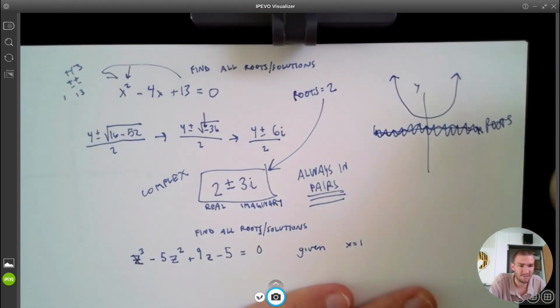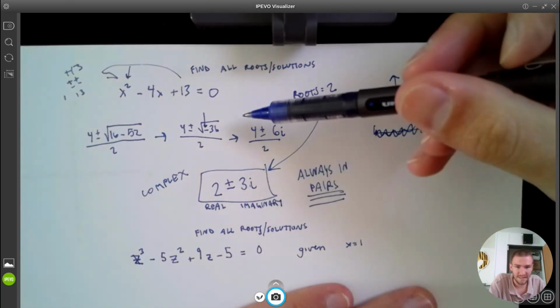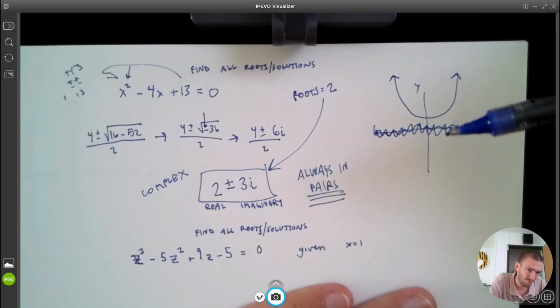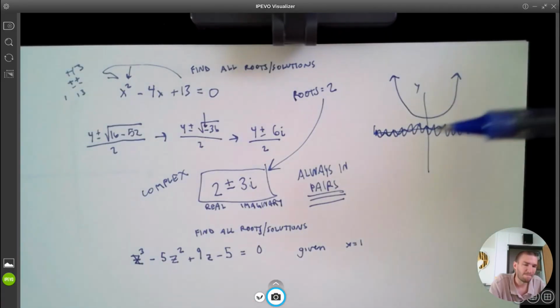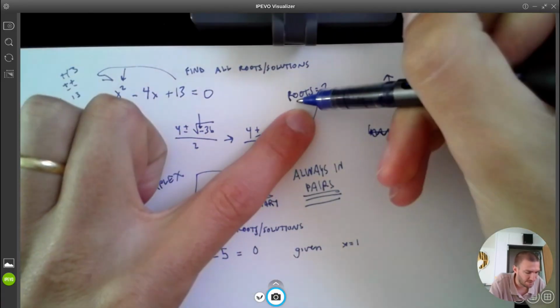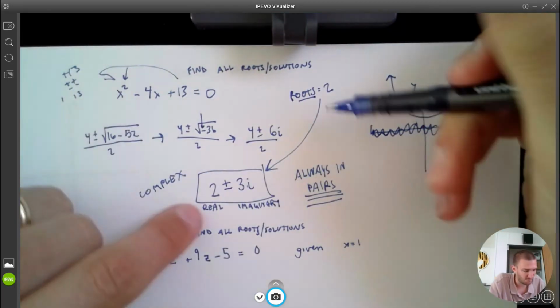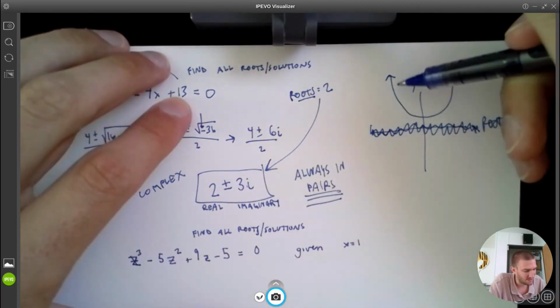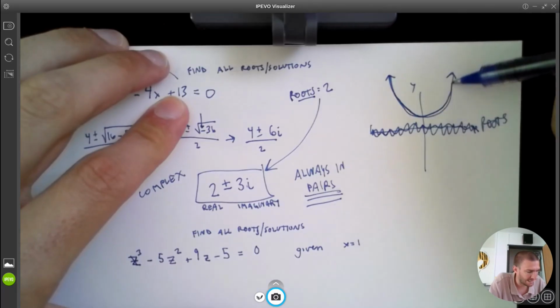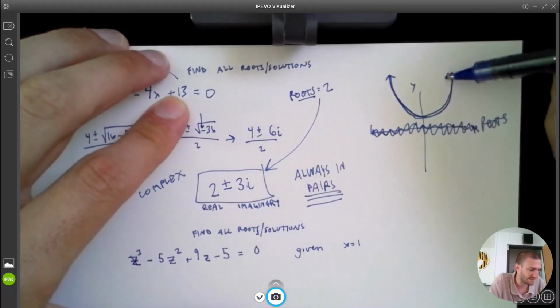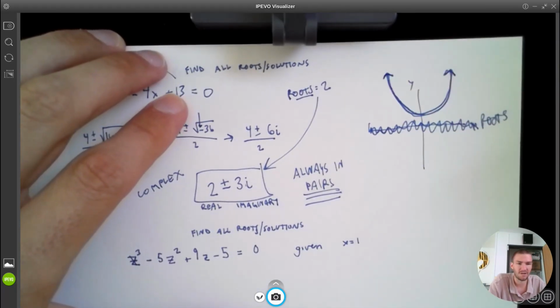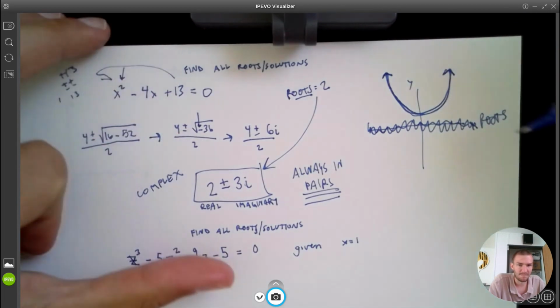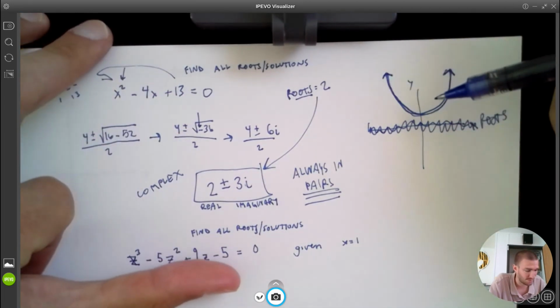We know that roots are the same thing as solutions, and this does not have any solutions. It does not have any roots. It does not have any x-intercepts. But actually, the benefit of the word roots is that a root will include imaginary ones. So even though this doesn't look like it has any x-intercepts, it still is going to pick up those imaginary roots.